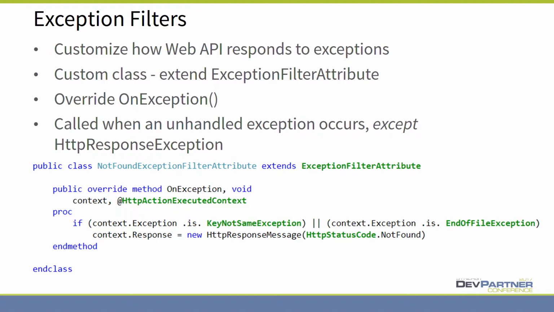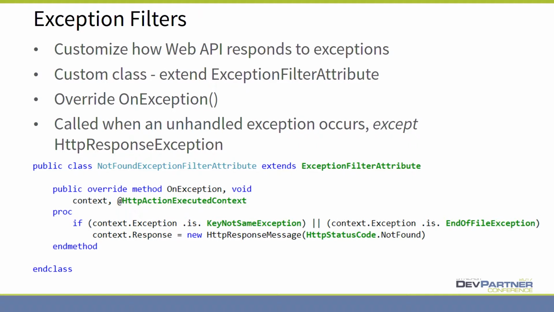So this is a class that extends from the ExceptionFilterAttribute class, and basically you can then plug this into the Web API pipeline, and basically whenever an unhandled exception occurs, except for when HTTP response exception is thrown, so you can still throw response exception and this will not come into play, but any other kind of exception, this will happen.